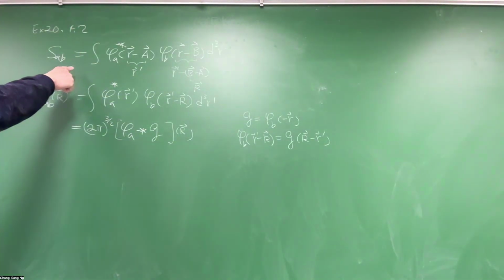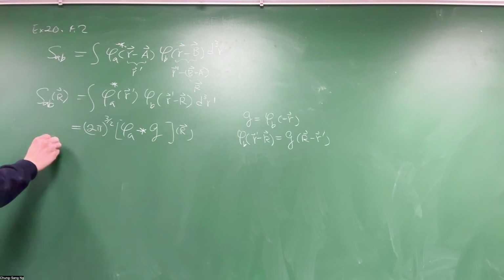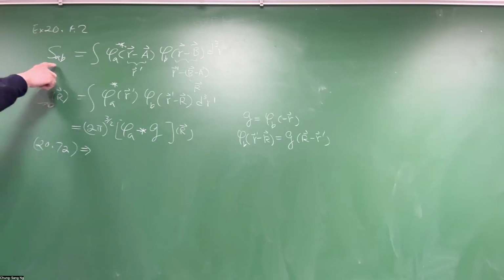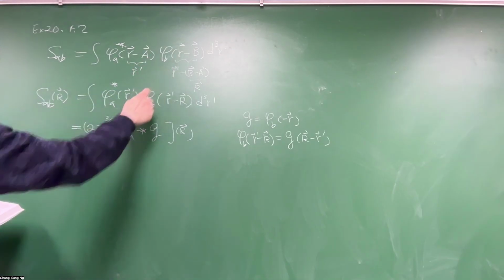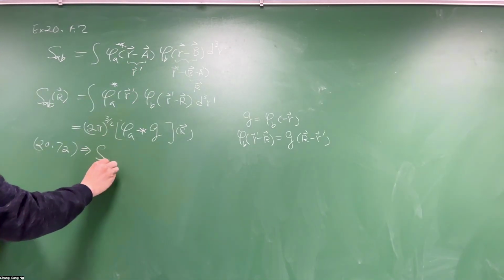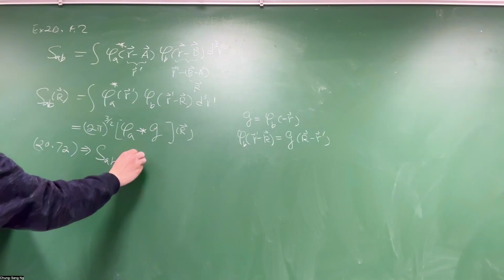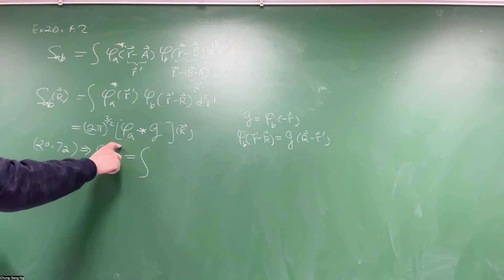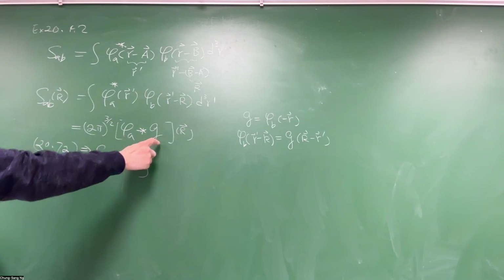So this is by equation 20.72. This is the left-hand side of that equation, because it's just the integration. So this shows that S_AB is equal to the Fourier transform of these two functions.